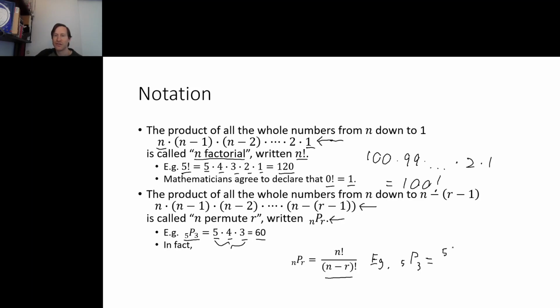So this is 5 factorial over n minus r, which is 2, so 2 factorial. 5 factorial is 5 times 4 times 3 times 2 times 1, and 2 factorial is 2 times 1. Once you simplify this, you get 5 times 4 times 3, just like we got before, and that's 60. So n permute r actually has this nice formula involving factorials.